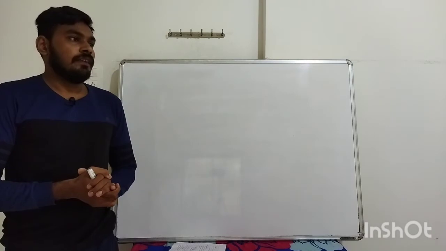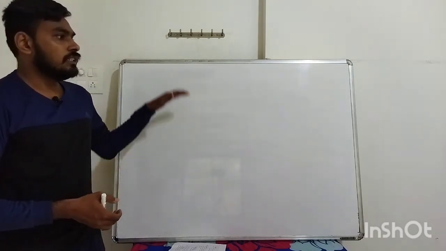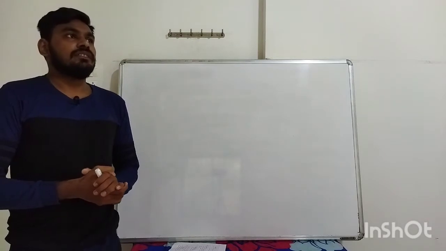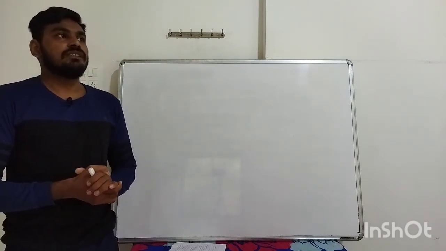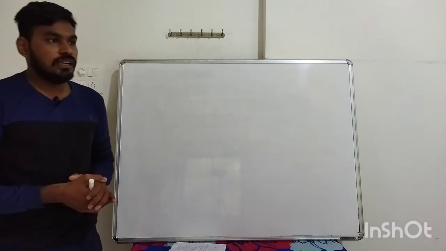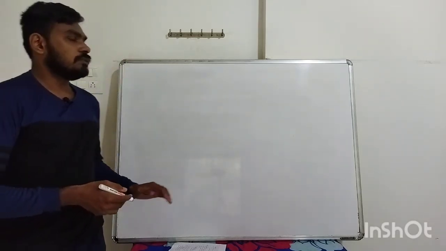Along with that we learned some common sets: the set of natural numbers, real numbers, rational numbers, and irrational numbers. We learned how to write them in set builder form or roster form.